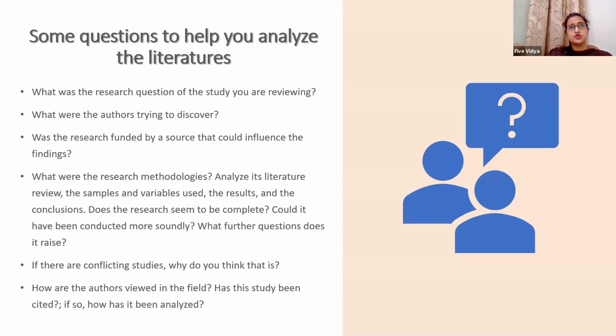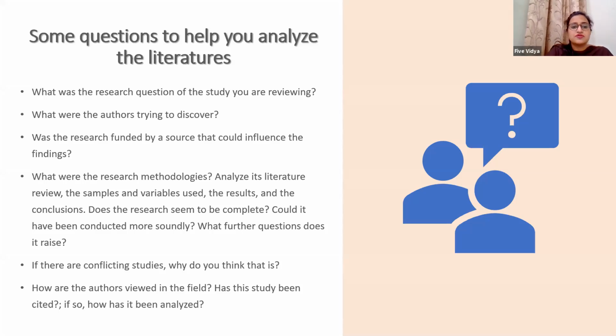Basically, you should have the research questions, topic, and objectives of your own research ready, and then match them. What are the research questions of the study you are reviewing? Are they matching with your research study? What are the authors trying to discover in that particular research?